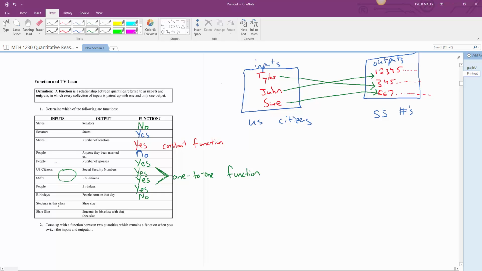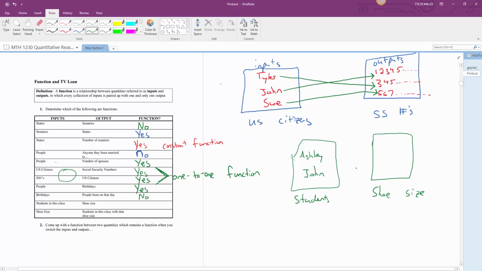Here we have students in the class, and over here we have shoe size. Maybe we have Ashley, John, and so forth in the class. Then over here maybe shoe sizes of, I don't know, 8, 10, 12, 13, and so forth.